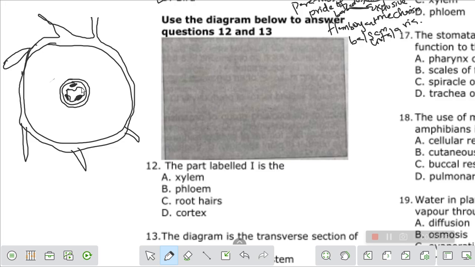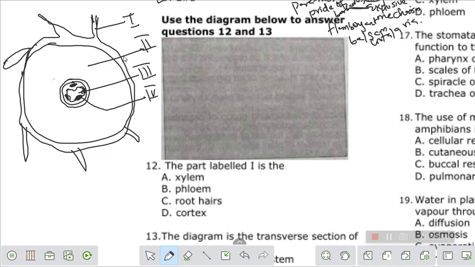So they said the part labeled I is what? You can see that this is like a stem. This is like a root, right? You can see that this is the root here. If you are a person that studies diagrams very well, this is the root. So that's just the answer.